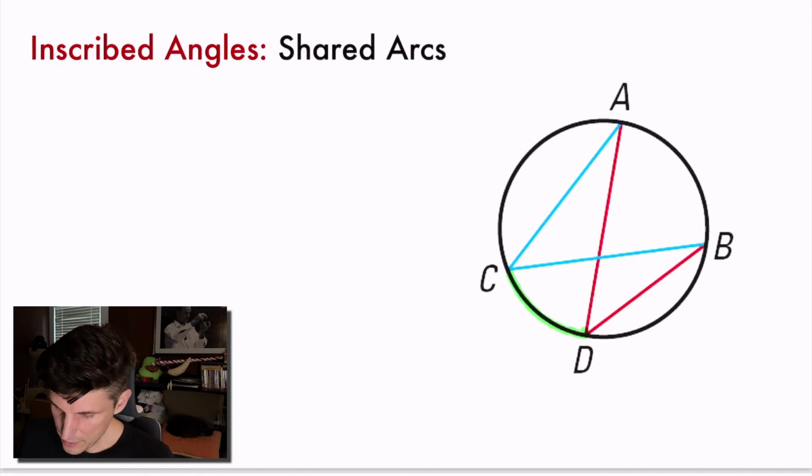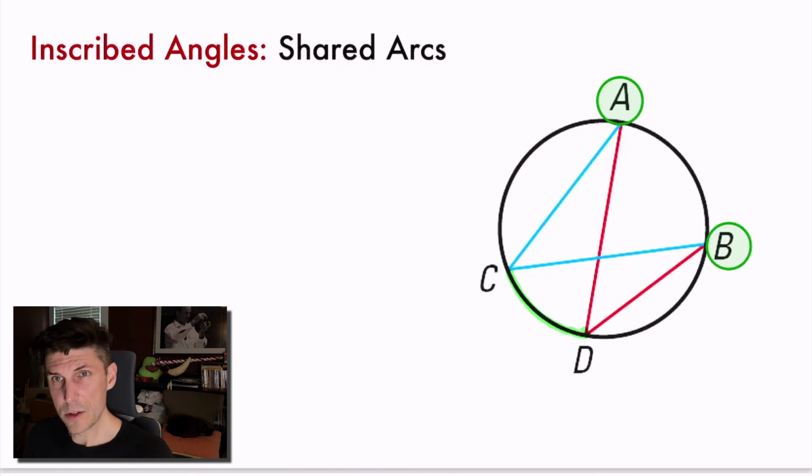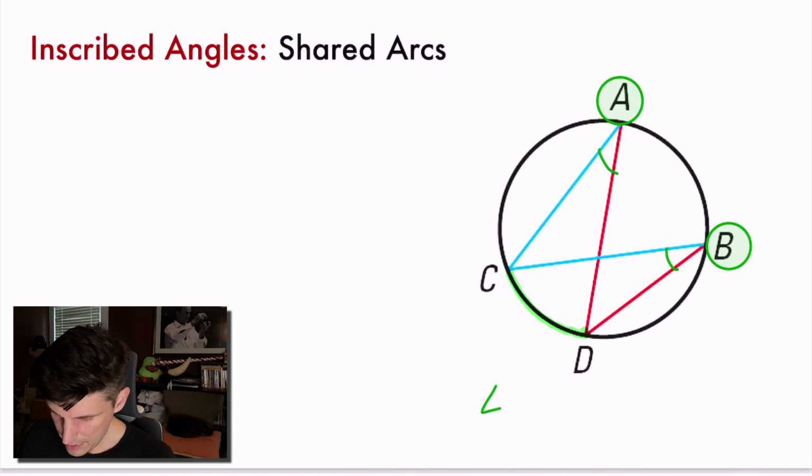The two angles that share arc CD are angle A and angle B. Because they both share that arc, they must have the same measurement. So we know that angle A has to be congruent to angle B.